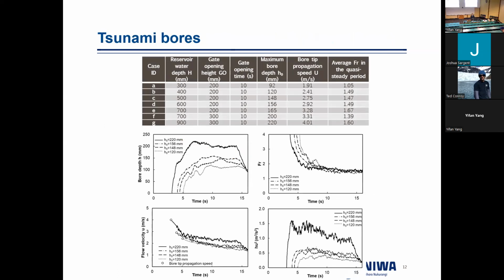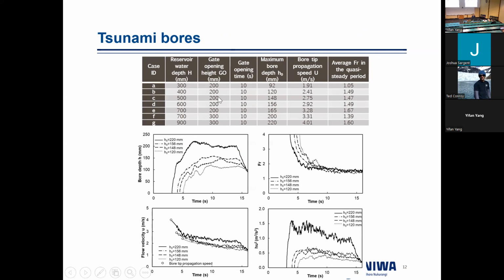So first of all, we'll need to investigate the tsunami bore properties before we construct a breakwater in the flume. We can change the reservoir water depth and also the gate opening height.